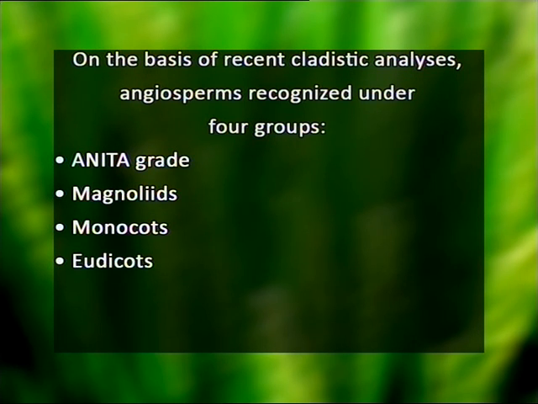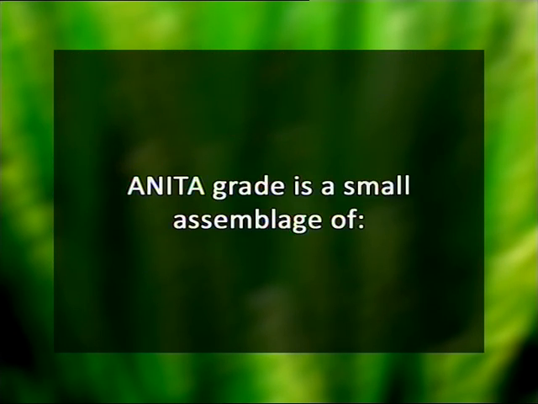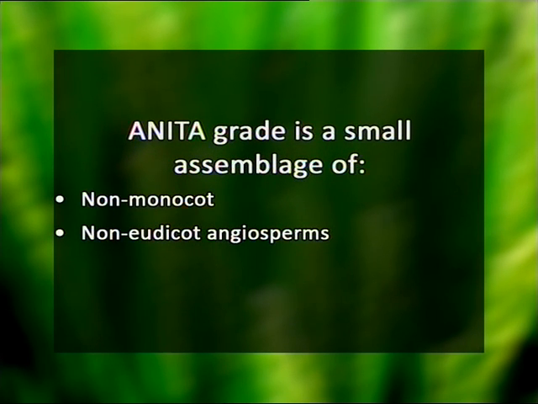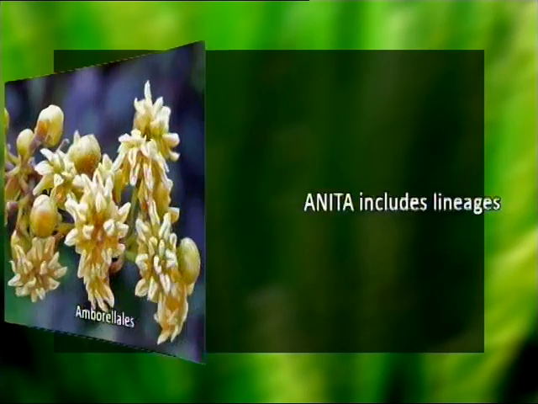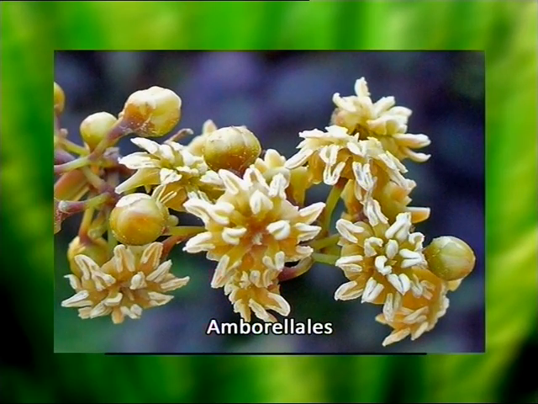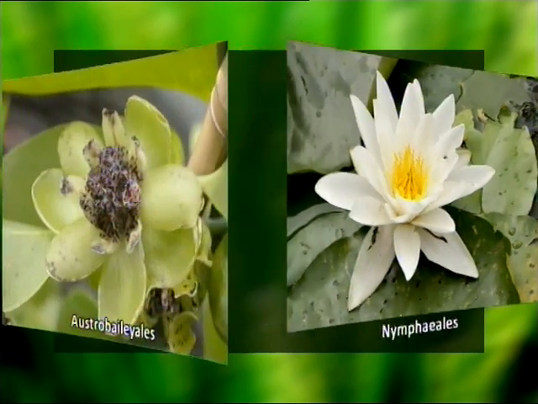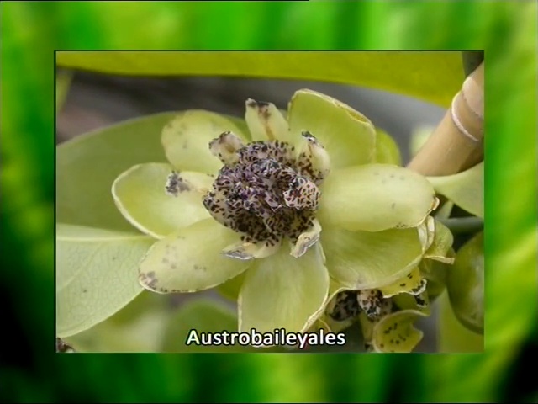The first one is the ANA grade. It's a small assemblage of non-monocot and non-eudicot angiosperms. That means they are outside of monocots and eudicots. This ANA grade includes lineages such as Amborellales, Nymphaeales, and Austrobaileyales.